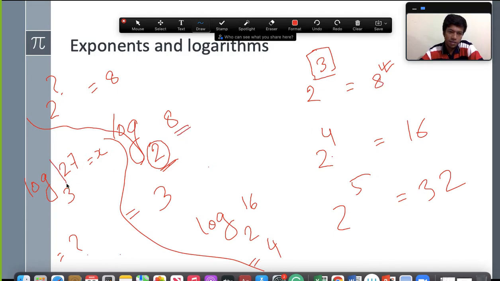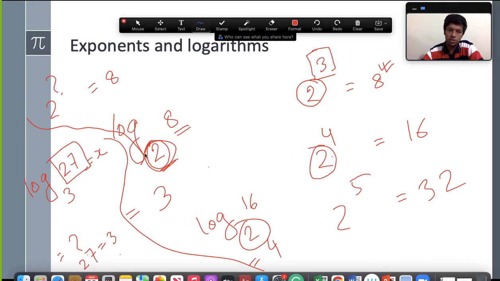So we write 27 equals, and the base remains the base always. The base never changes: the base is 2 here and 2 here, and in this one the base is 3, so it will remain the same.